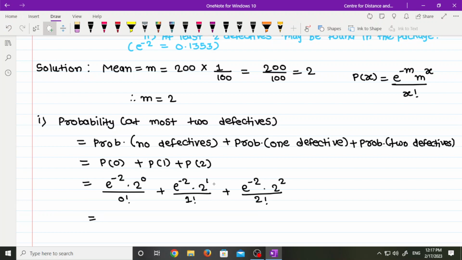which is equal to e raised to minus 2. 2 raised to 0 is 1, 0 factorial is 1. So, here we get e raised to minus 2 plus e raised to minus 2 as it is, 2 raised to 1 is 2, 1 factorial is 1. So, here we get only 2 into e raised to minus 2 plus e raised to minus 2 as it is into 2 square, that is 4 divided by 2 factorial, that is 2 into 1, which is equal to 2.